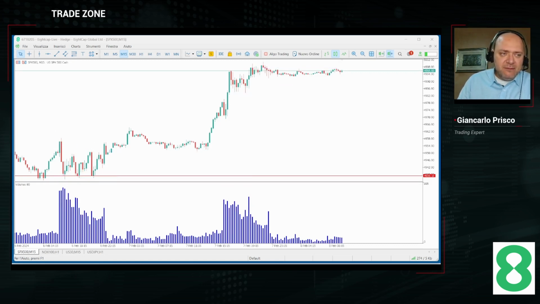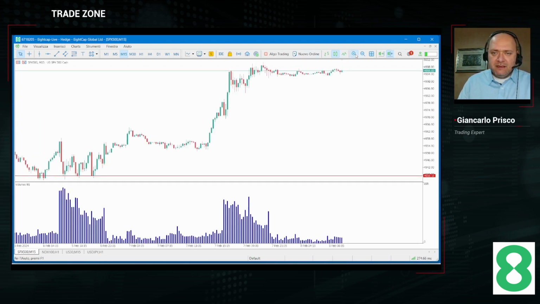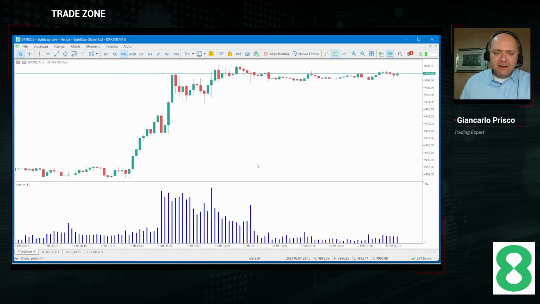Second, when we have these elements that we already explained, it's very important to understand which part of the session could be more useful to find opportunities. Let's take for example what happened yesterday. Remember always that the concentration of big player activity is normally in the first part of the session and the end of the session.